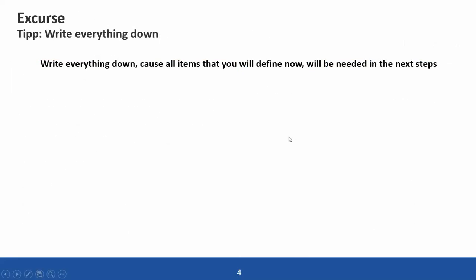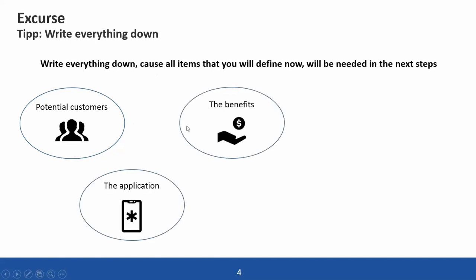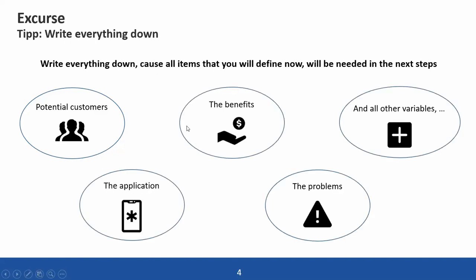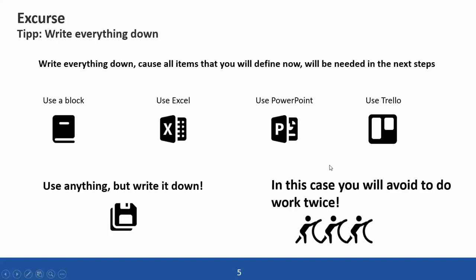Before we start, I only want to assure you: start writing everything down from the beginning. It will help you a lot. It's not important if it's about potential customers, the application, the benefits, the problems, or other variables. Write it down, no matter what you use: paper, a book, Excel, PowerPoint, Trello. It's not important. Write it down, because later it will save you from double work.